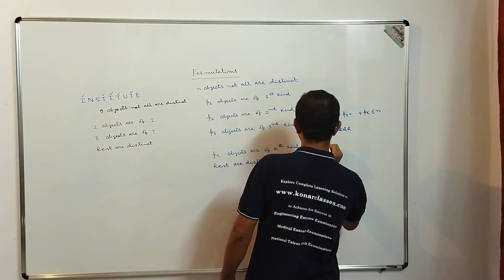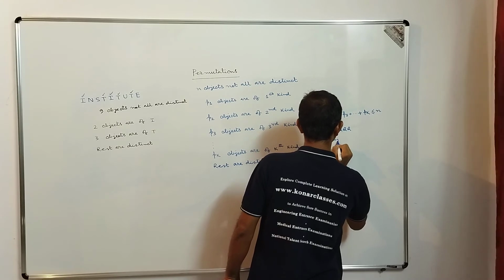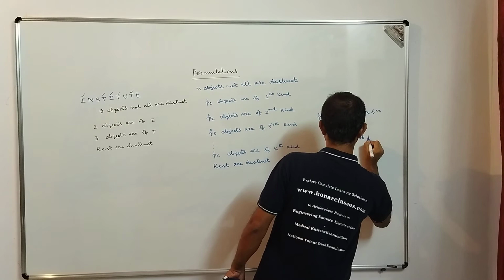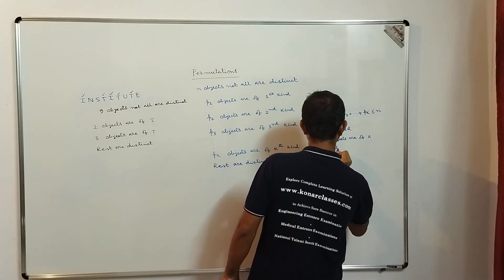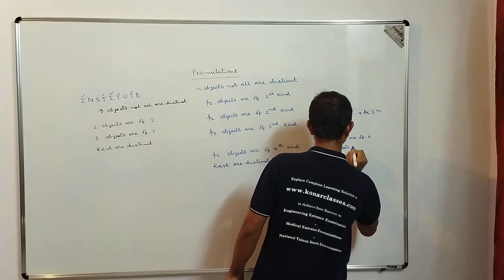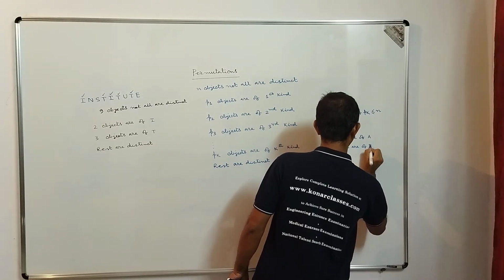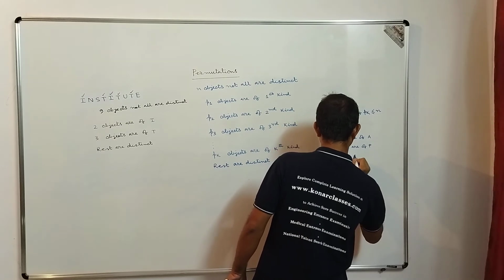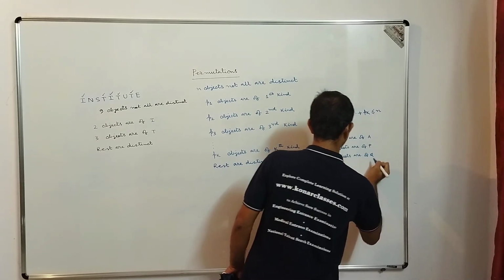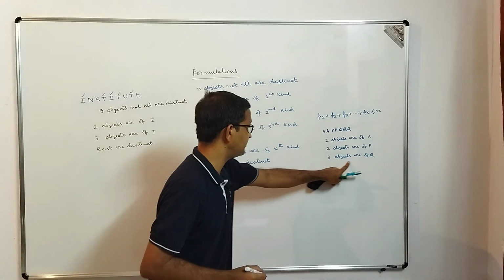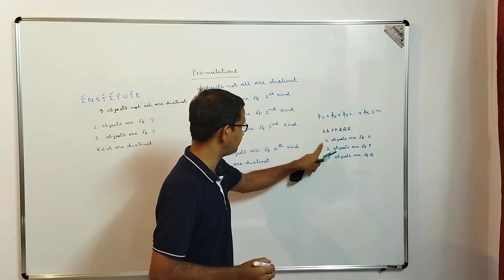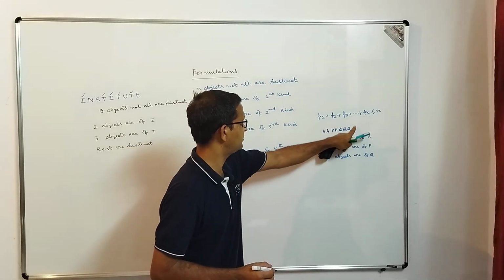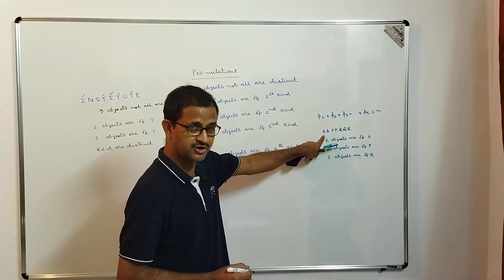There are two objects of A, two objects of P, and three objects of Q. That means there are no rest-are-distinct objects, because 2 plus 2 plus 3 is 7, which is equal to the 7 objects. Not all distinct.